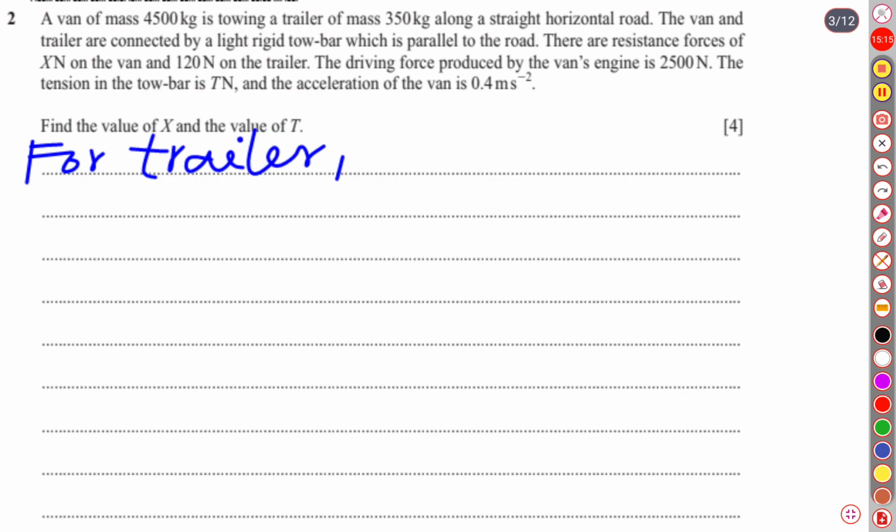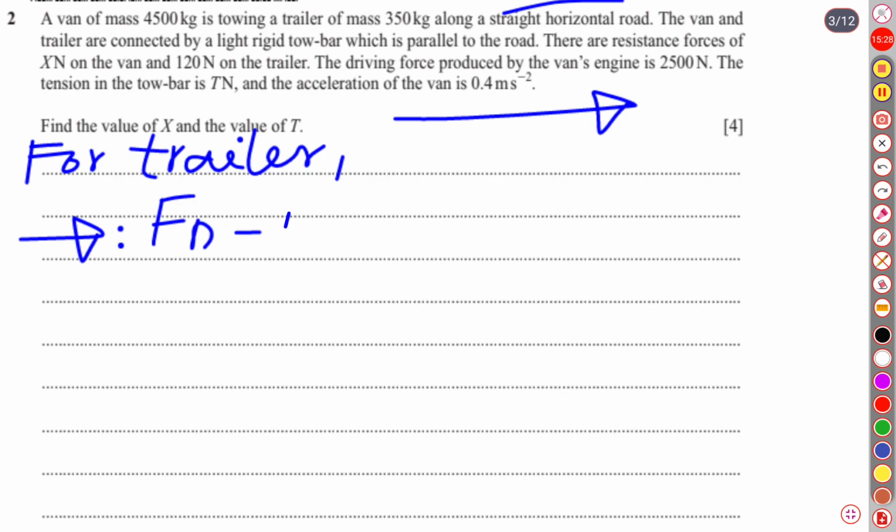As it is moving horizontally on a straight horizontal road, the direction is this. The concept we are applying is that the driving force minus the resistance to motion is equal to mass into acceleration.